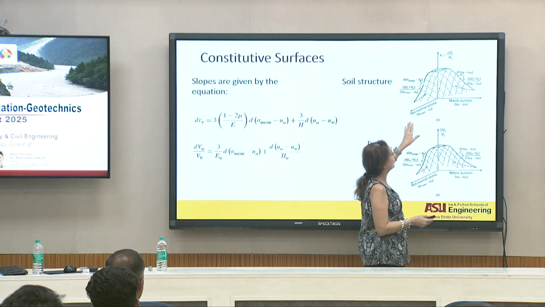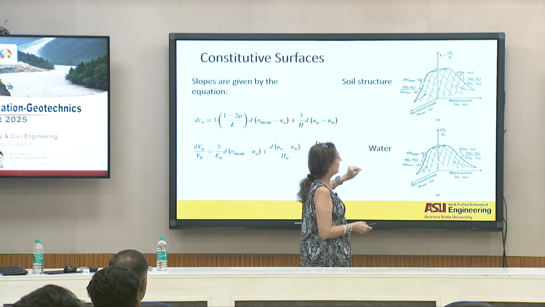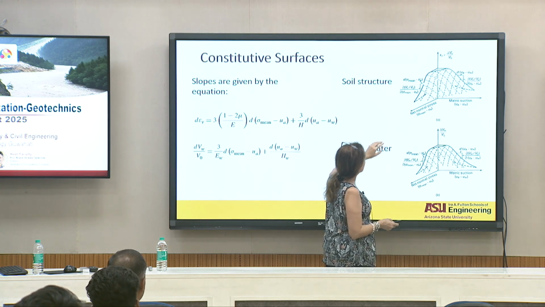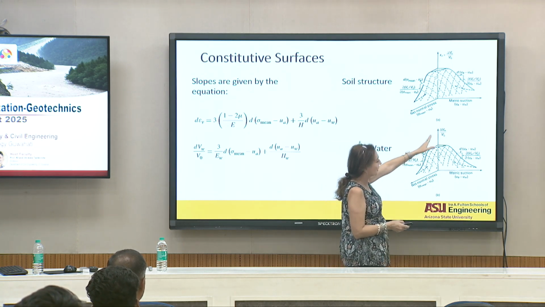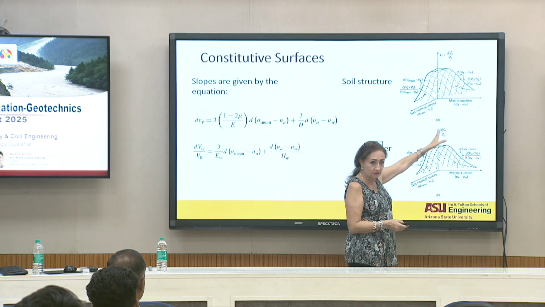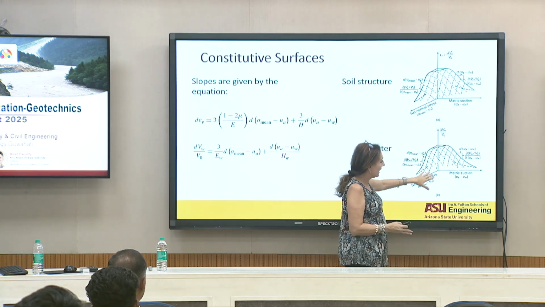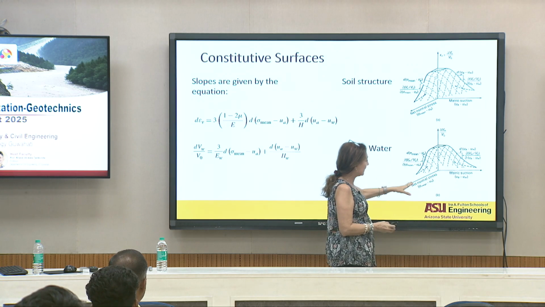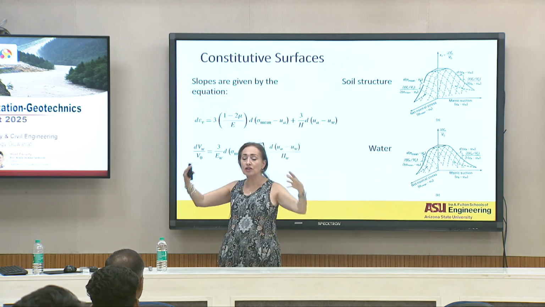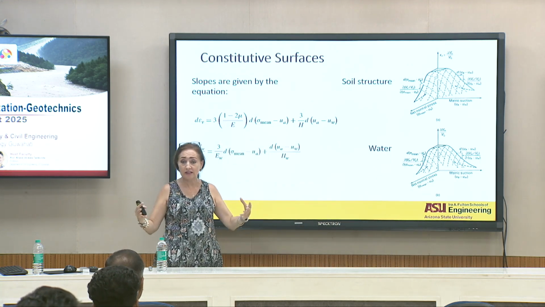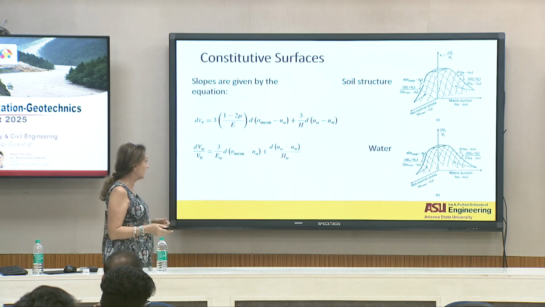You're going to have the two stress state variables in here, and for the water, you're going to have the change in volume of water with respect to the initial volume of water as a function of suction and as a function of net normal stress. And what you actually have is a surface, if you consider them in that way.